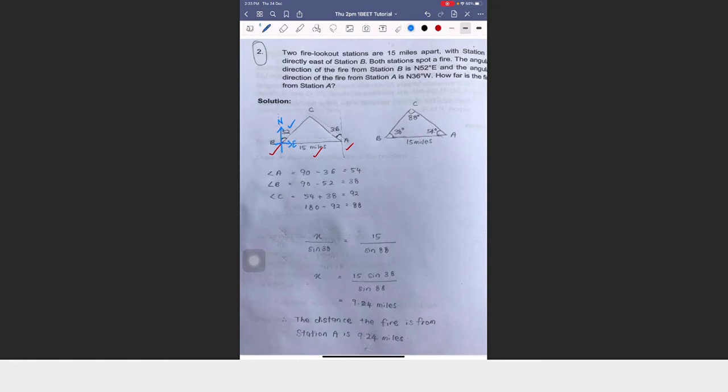So going from north to west, this is 36 degrees. So this is correct, and that means this is now your fire.